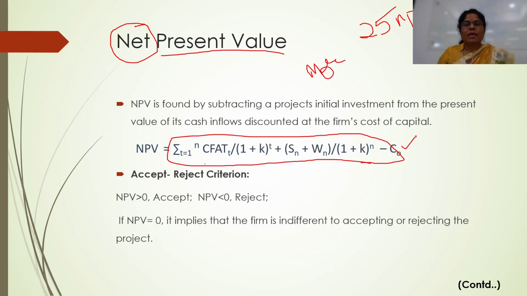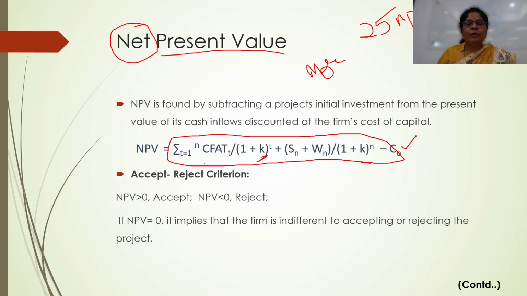In the sense, if you receive 1,50,000 on a project, our investment of 1 lakh has to be deducted. The leftover 50,000 is your profit. But for net present value, that 50,000 will be discounted at a certain rate that we call K, the discount factor. We are trying to find out what that 50,000 profit is worth, whatever you are getting, in today's terms. That is the net present value.